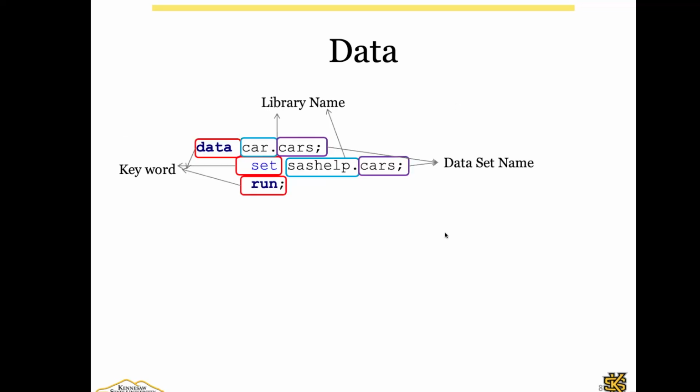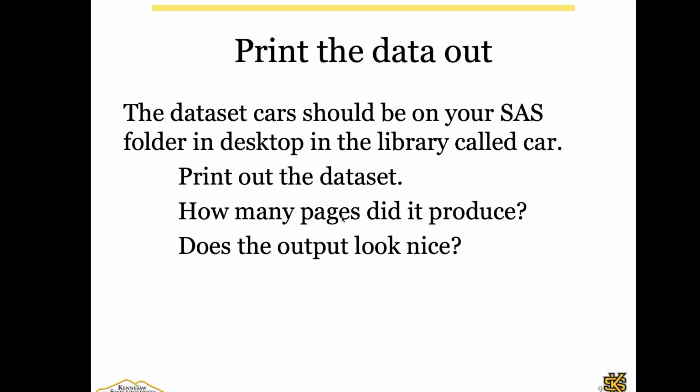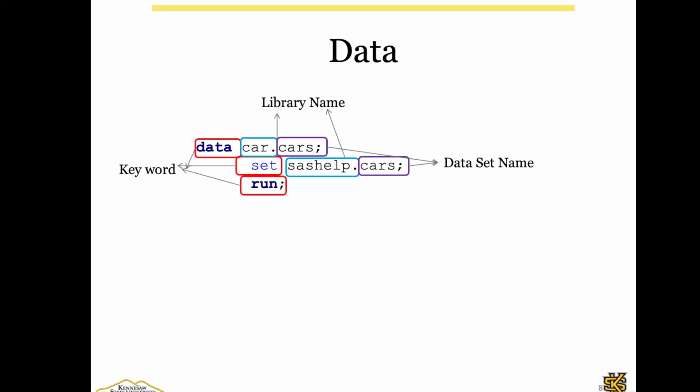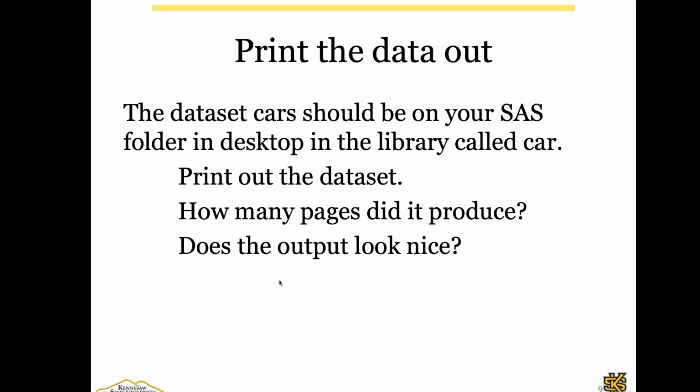We can make a copy of that data set from SASHELP to the library that we just created as car, and we name it cars again. So let's go to SAS and run these together and see the results. We can also print whatever is inside the data.